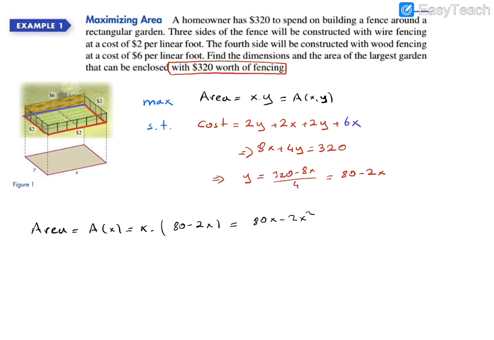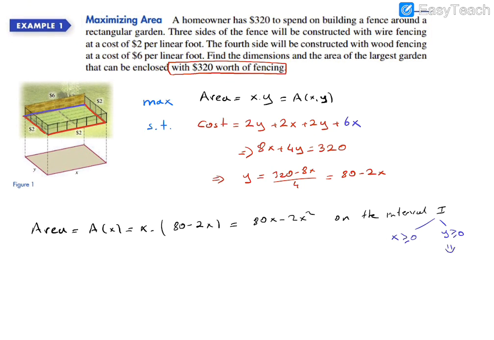But what is the domain? What is our interval I? For the interval I, x has to be bigger than 0 because it is a length, and y has to be bigger than 0. So the interval or domain of f of x includes the x variable.